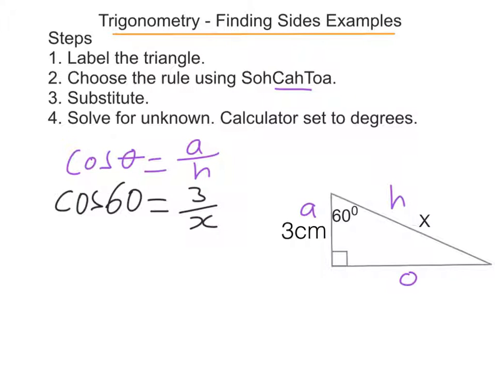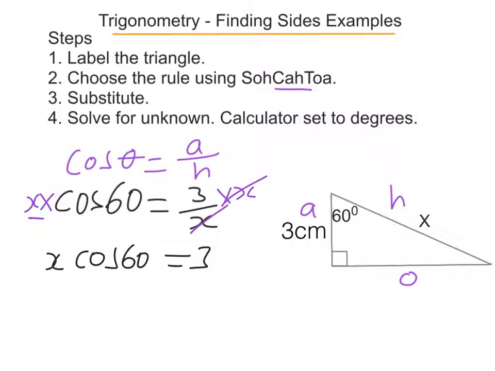We have a slightly different problem here because x is now a denominator and not a numerator. To get an answer, we need x to be a numerator. So the thing to do is to first of all multiply both sides by x. They cancel over here on the right, and x is now a numerator on the left-hand side. It's not by itself, but at least it's a numerator. Now, what we need to do then is get rid of the cos 60, which is multiplied by x. So I divide both sides by cos 60.